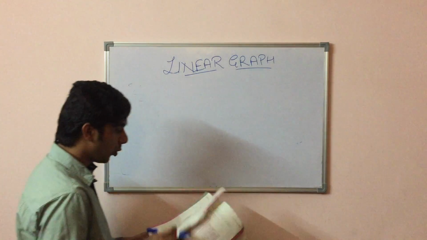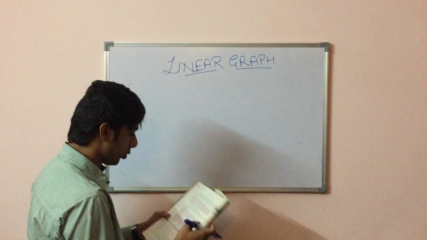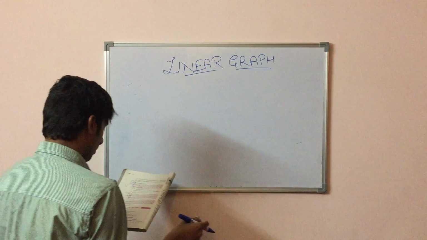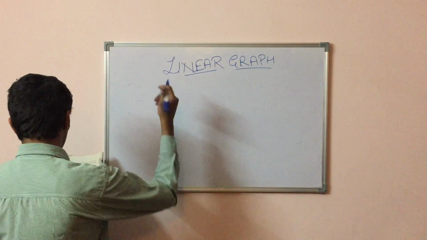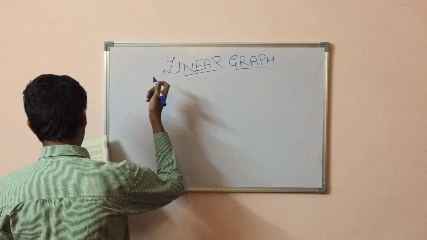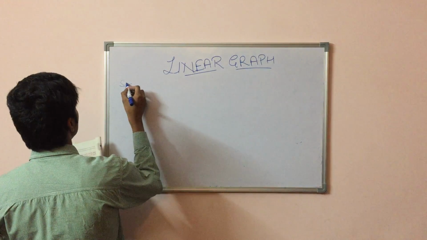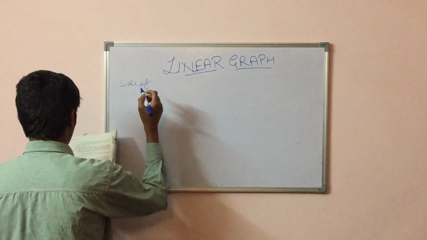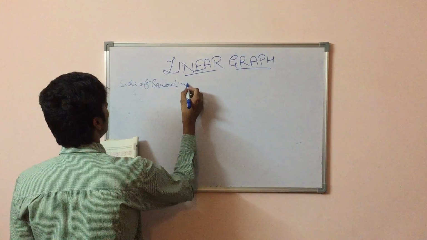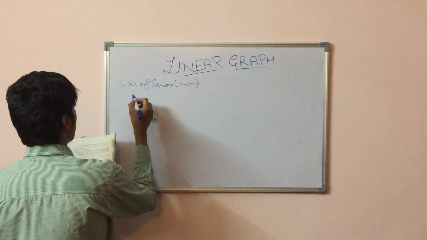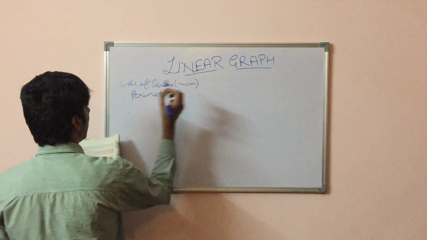So let's do one more example on this, which will make it clear, right? Suppose you have to draw a graph. Again, you have to draw a graph. The graph is of the side of a square in centimeters and its perimeter, right?